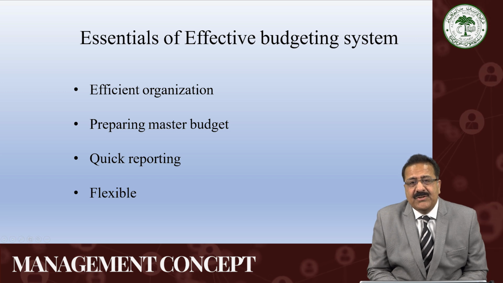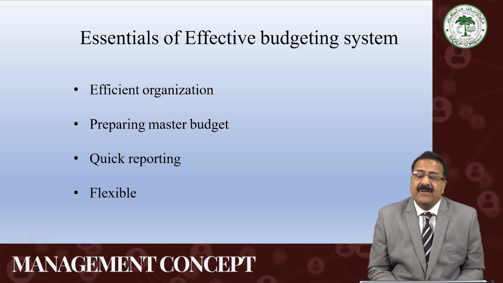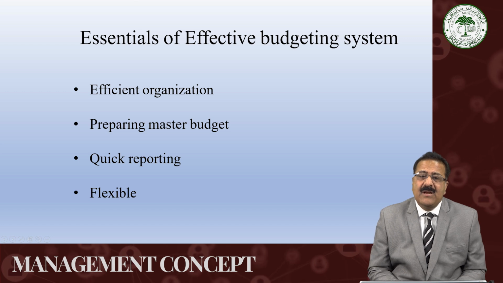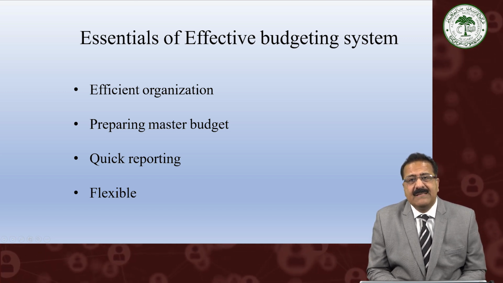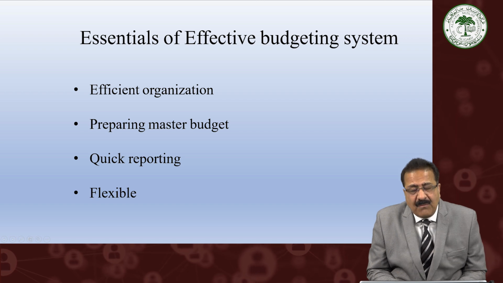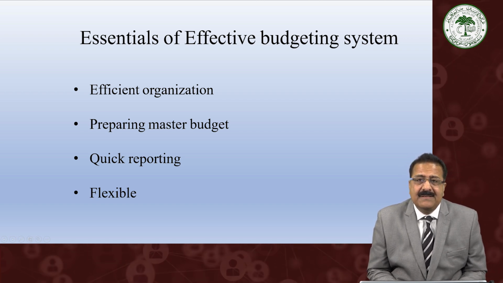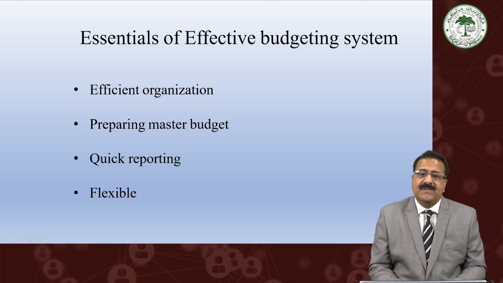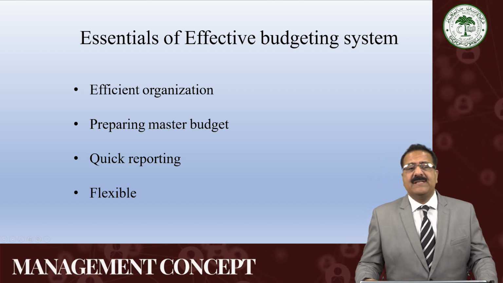Well, friends, after discussing the important aspects pertaining to budgetary control, we should also see that there are some essentials of an effective budgetary control system, which can be discussed in the light of efficient organization. When we want an effective system in the organization, there is a need for efficient organization, and there is effective budgeting if efficient organization is there.